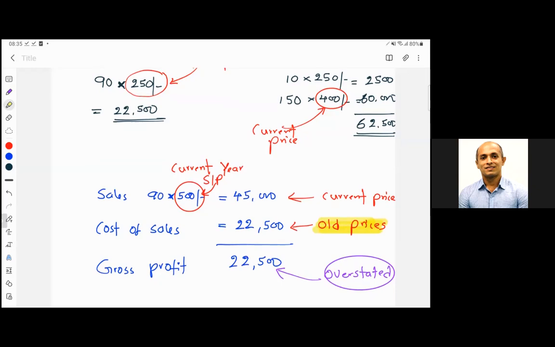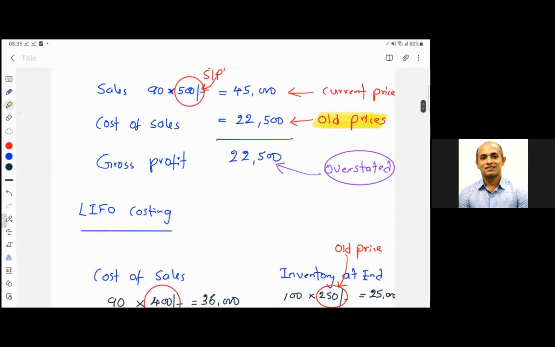So we'll analyze the FIFO profit. FIFO profit is 22,500.